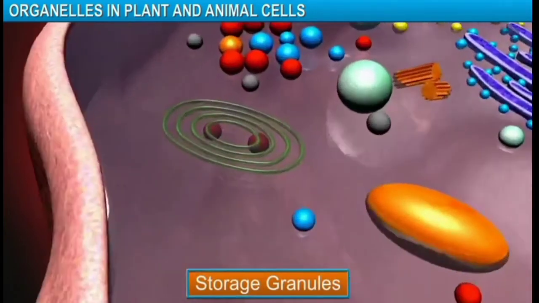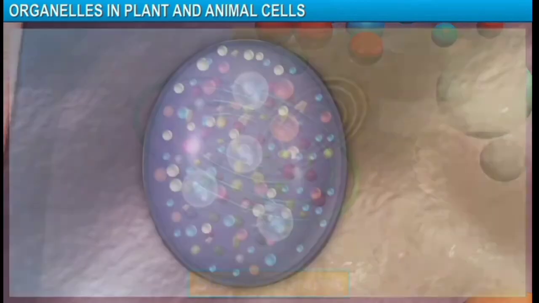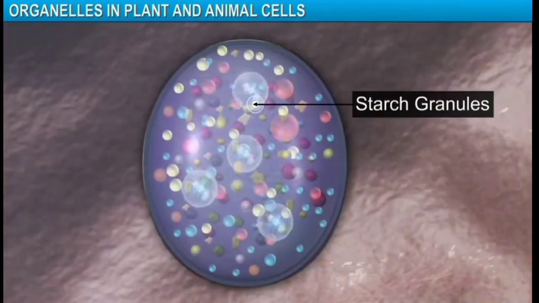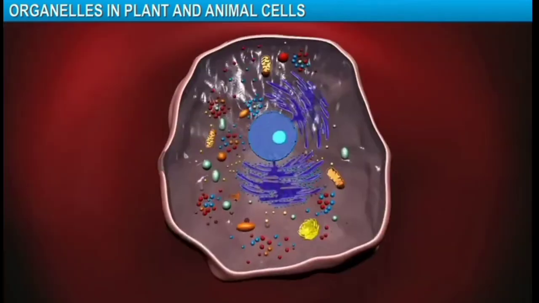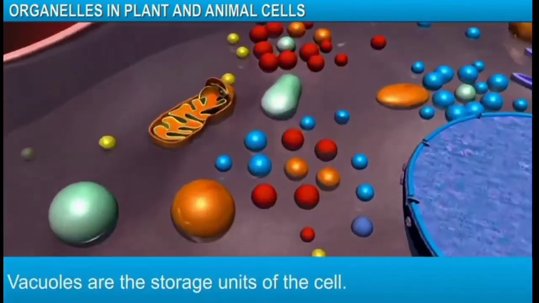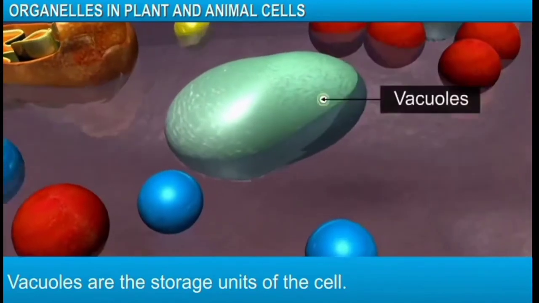These are the storage granules. Starch granules are storage droplets of starch. Lipid granules are storage droplets of fat. Cells have storage units called vacuoles.